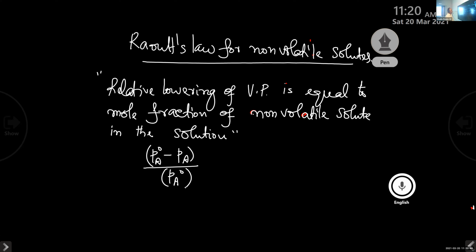But here, PA0 minus PA is equal to delta P, that is the lowering of vapor pressure, or we can call it delta PA. So delta P or delta PA divided by PA0.